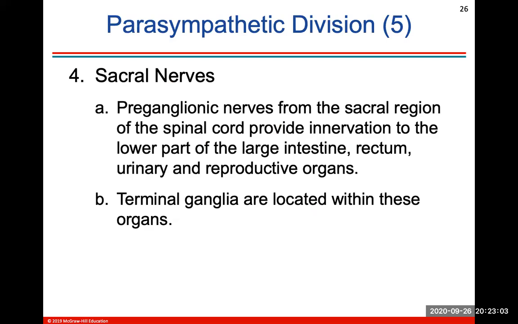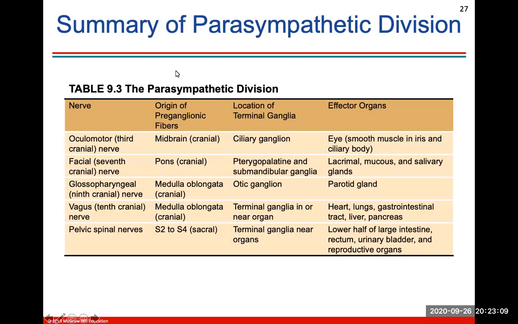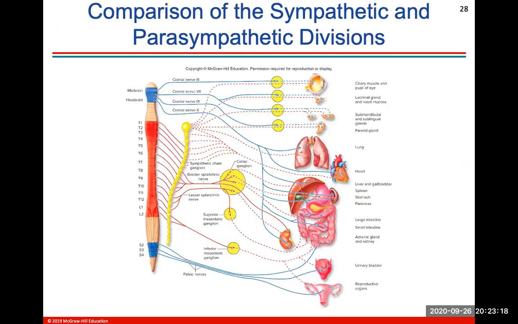This is where the sacral nerves are and what they will innervate. And then this is just a summary of the parasympathetic division. Again, a good chart to summarize the information found in the previous couple slides. This gives you a comparison of your sympathetic and parasympathetic divisions. Again, the parasympathetic is often known as the craniosacral division.